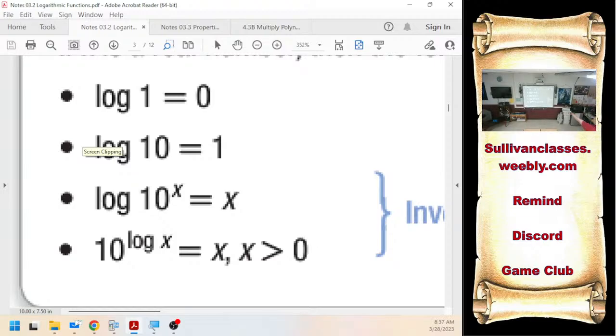So we have a decimal system based in 10. If I say log without anything written in the base, just like if I have a radical without anything in the index, I assume this is a 2. I assume this is a 10.